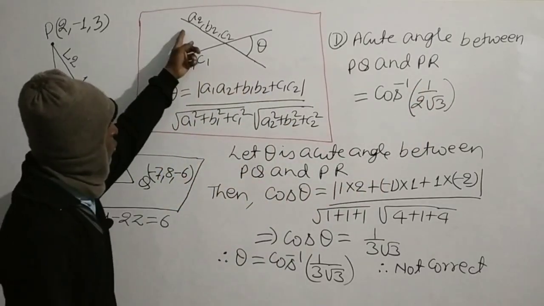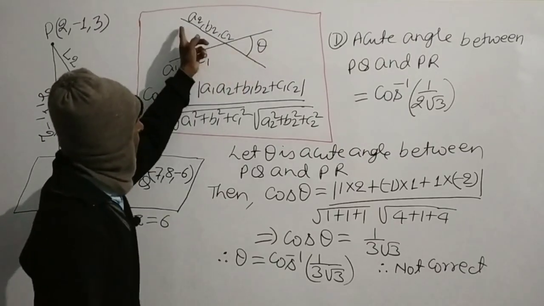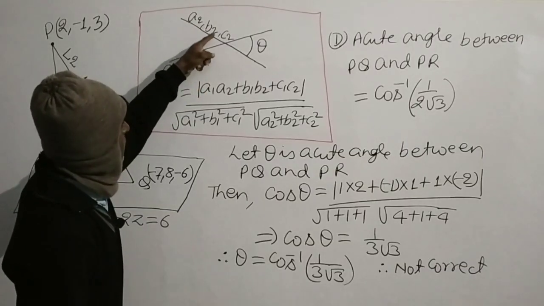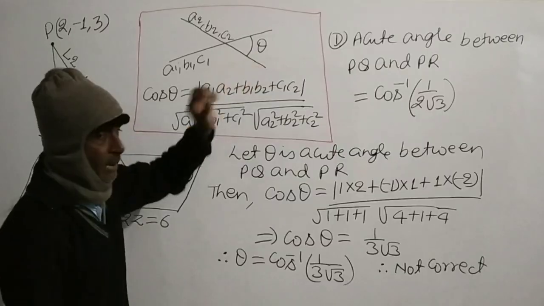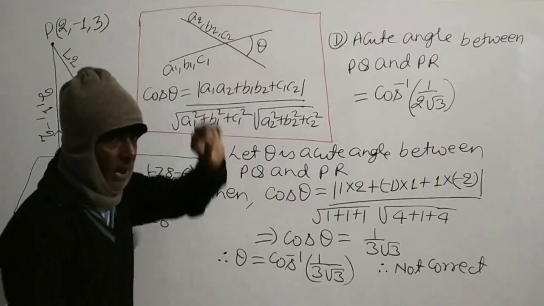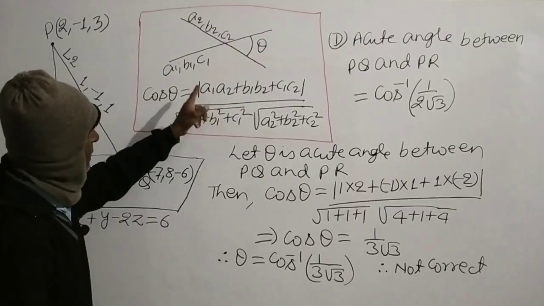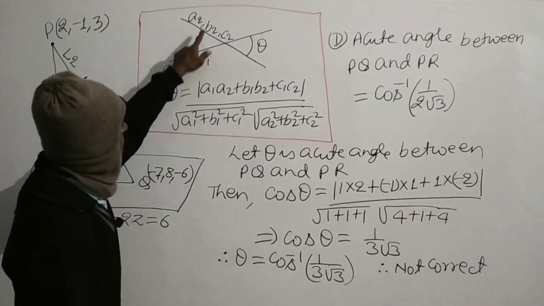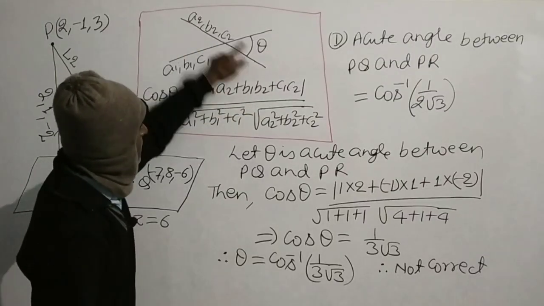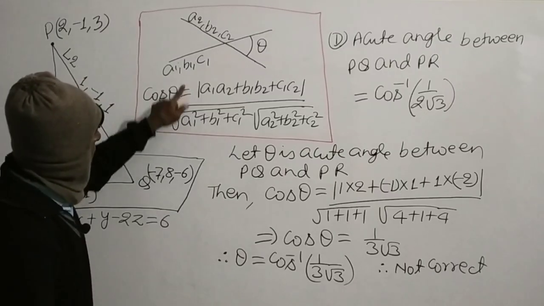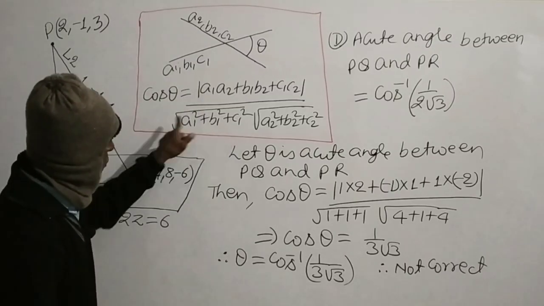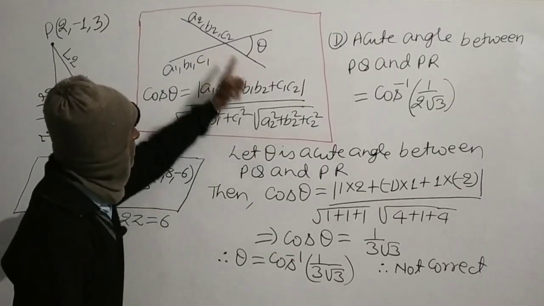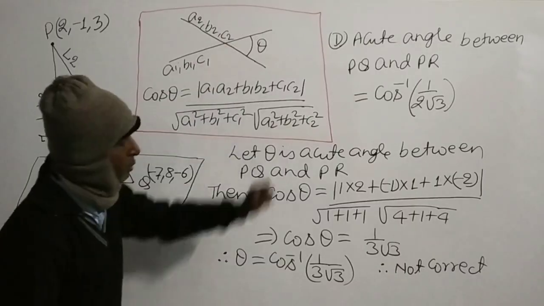If there be two lines, this line and this line with direction ratio A1 B1 C1 and A2 B2 C2, and theta be acute angle between these two lines, then cos theta is equal to mod of A1 A2 plus B1 B2 plus C1 C2 by root under A1 square plus B1 square plus C1 square times root under A2 square plus B2 square plus C2 square.